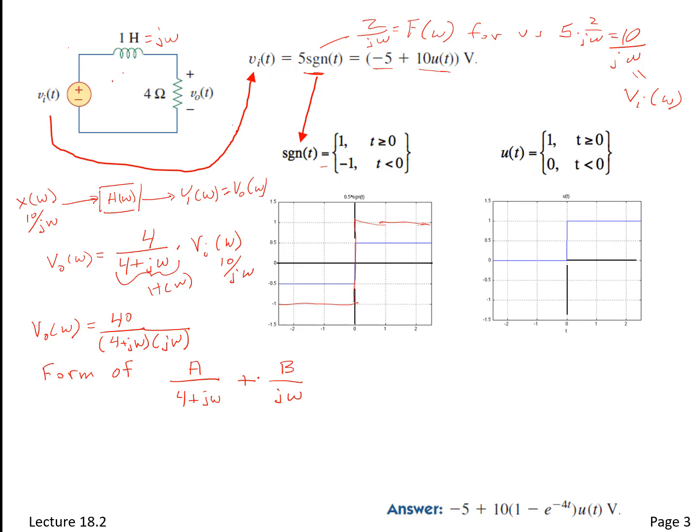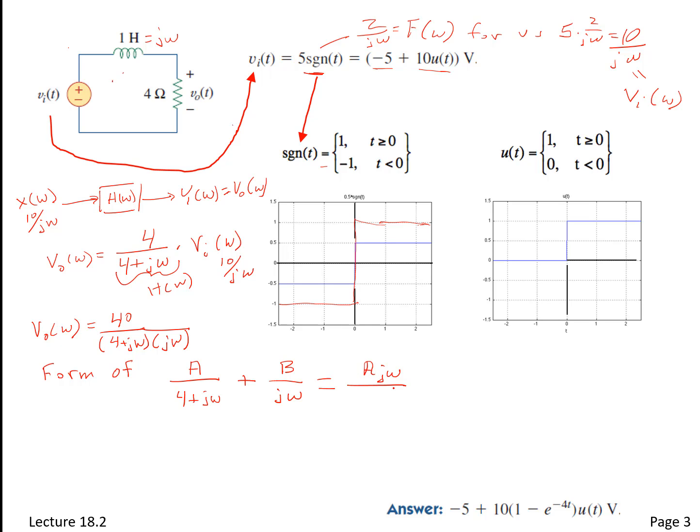Okay? So how do I want to do this? I have to pick some A and B so that this works. Well, if I were to multiply this out to get it back to the form right above it, this is called getting partial fractions.